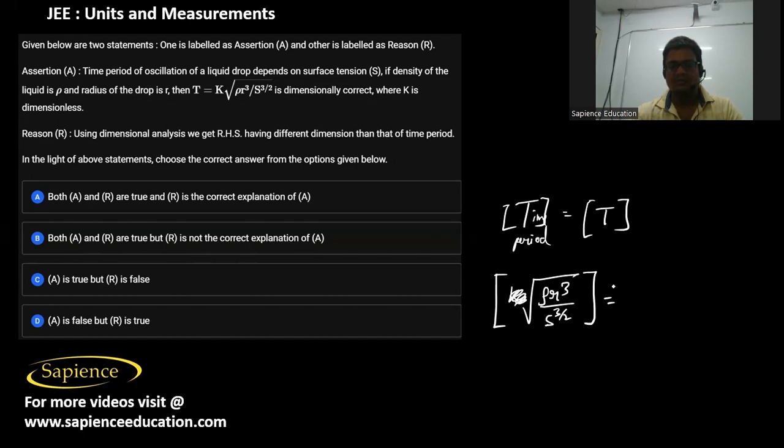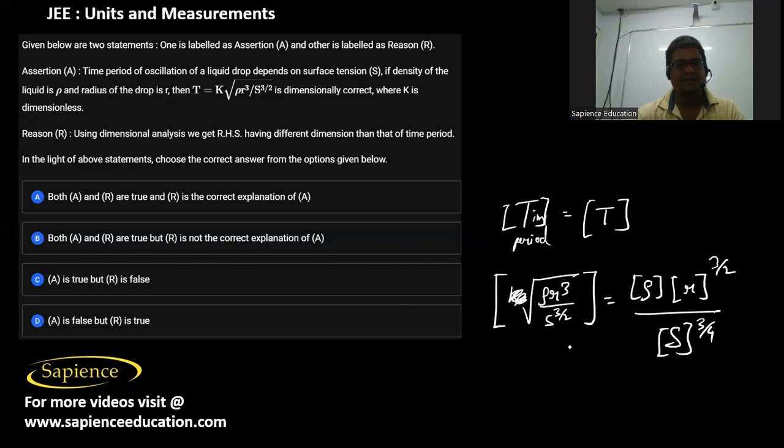So the dimensional formula of rho into the dimensional formula for r power 3 by 2, divided by the dimensional formula for S power 3 by 4. Now the dimensional formula for density, that is mass per unit volume, is M L power minus 3.